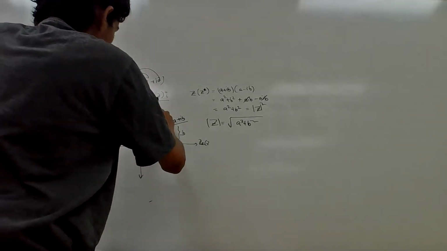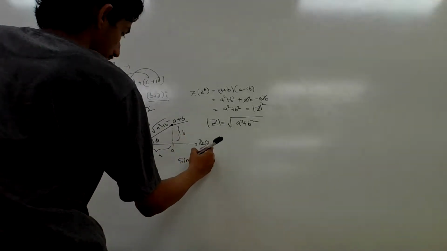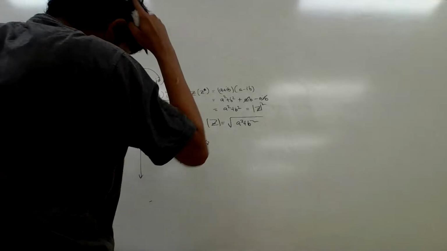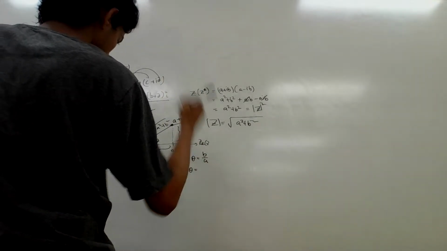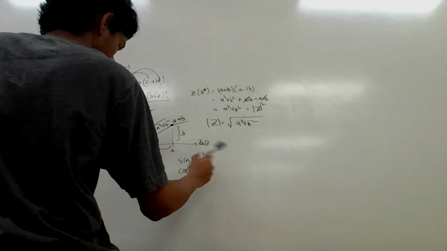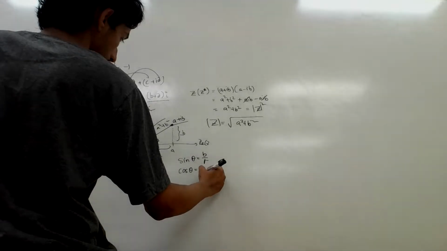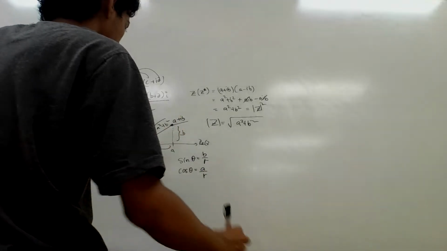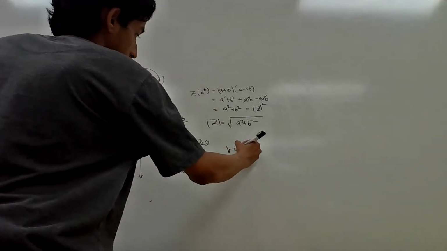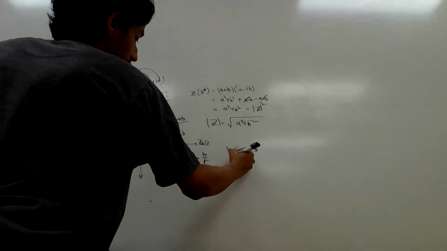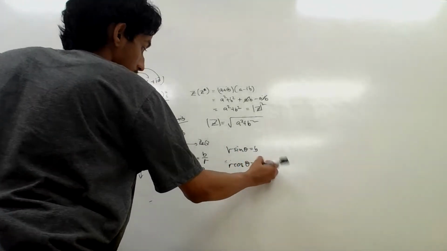For example, if you write this length as r, from this diagram you can write sine of theta as b by r, and cos of theta as a by r. Now this r is redundant, so if you wish to remove it, you can write r sine theta equals b, and r cos theta equals a.